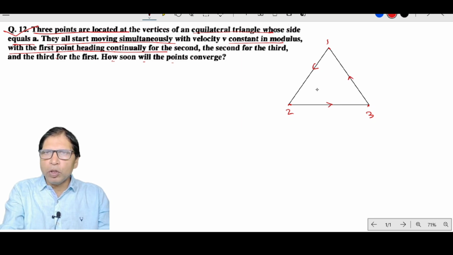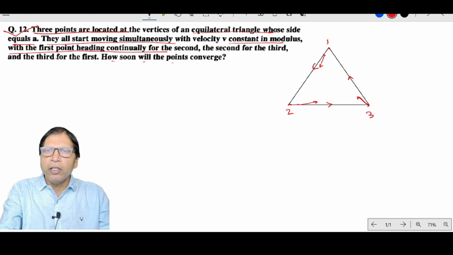For a very small time interval, 1 moves towards this point, 3 moves along this direction, and in the same time, 2 moves along this direction.